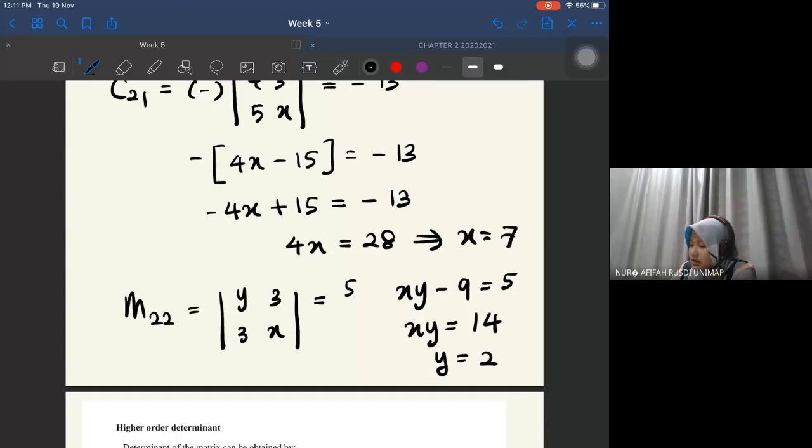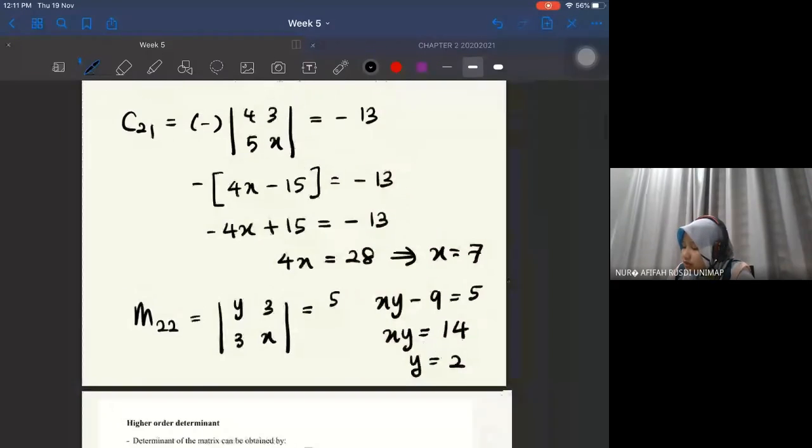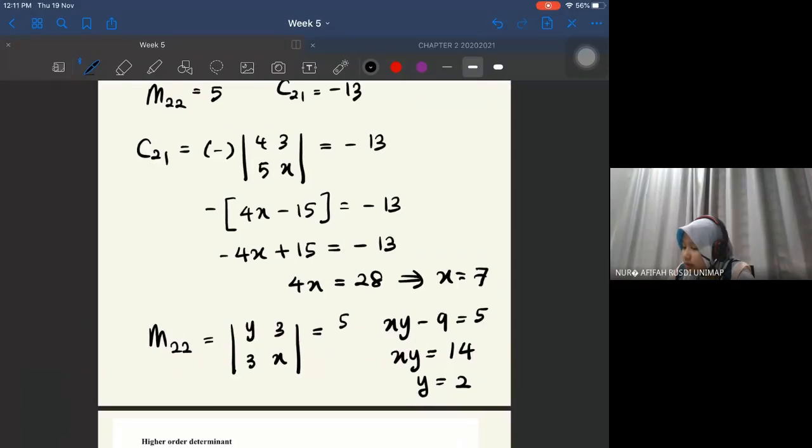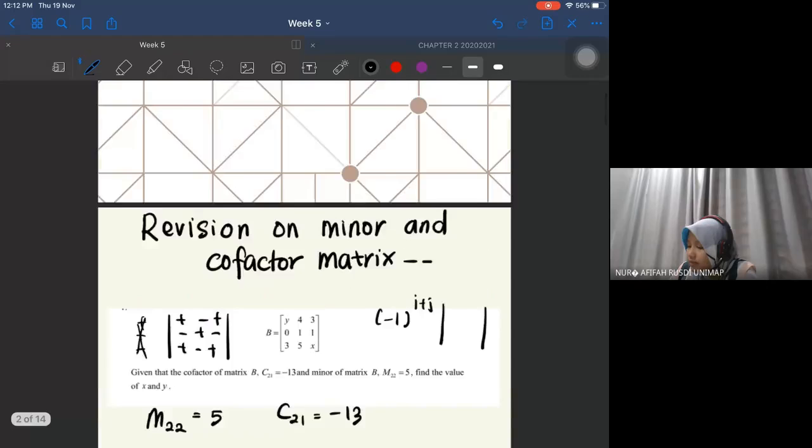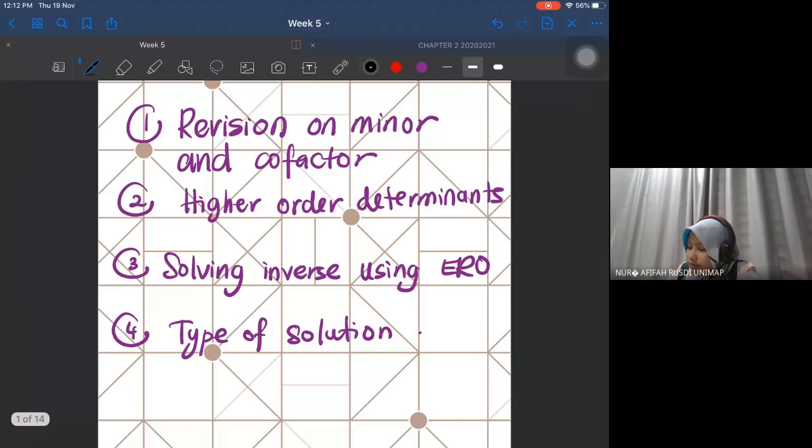So therefore, this is the value for x and y. Okay, so this is just a revision. So sepatutnya you all dah faham macam mana nak cari determinant of the matrix by using third order determinant, minor and cofactor of the matrix. Okay. So this one settled.